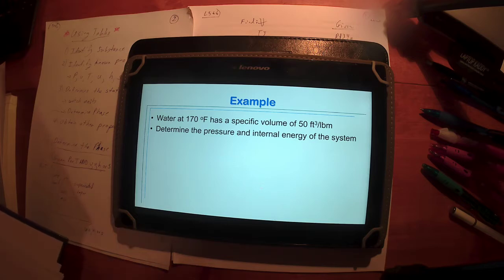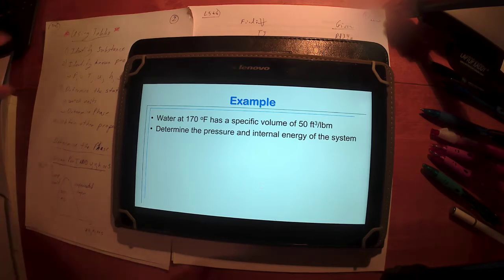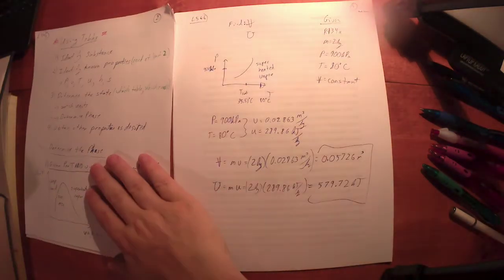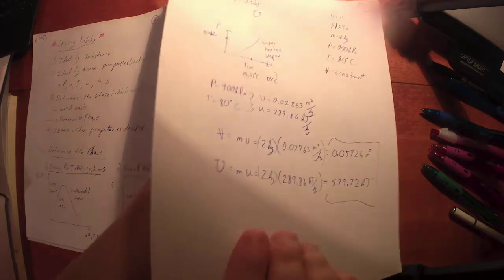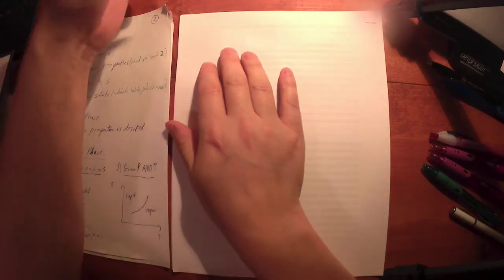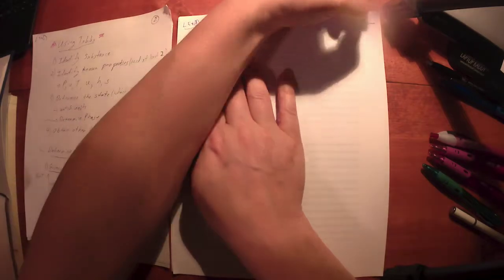Okay. Alright, so I'm going to set this to the side. Another example here. L5 and 6. This is page 6.